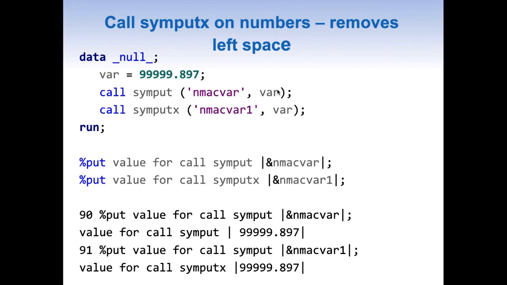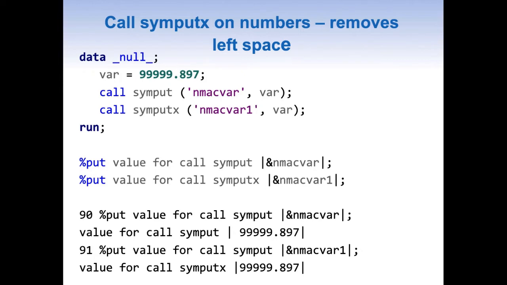Again this var value is captured into the macro variable. Same is the case with CALL Symputx. And I am having a pipe as previously shown for both of these macro variables, that is &nmacvar and &nmacvar1.